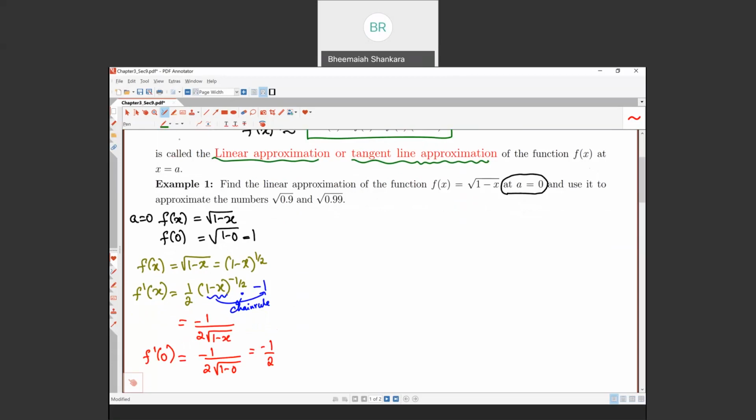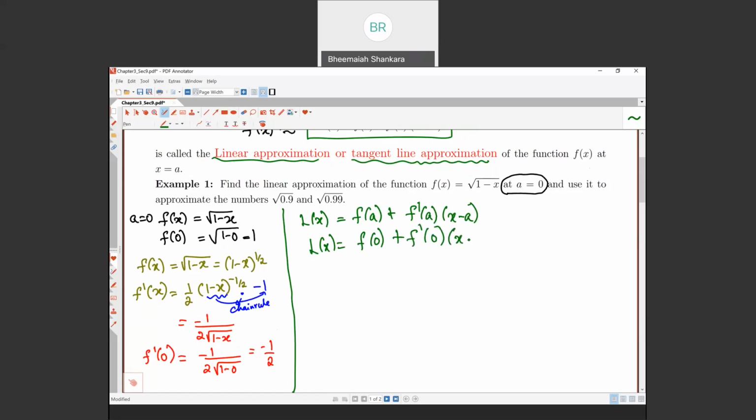Now we are all set to calculate the linear approximation, which is L of x given by the formula f of a plus f prime of a times x minus a. So let's write L of x. A is 0 for this problem, so let me plug in: f of 0 plus f prime of 0 times x minus 0. X minus 0 is the same as x.